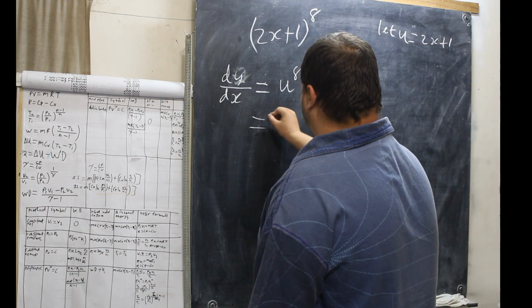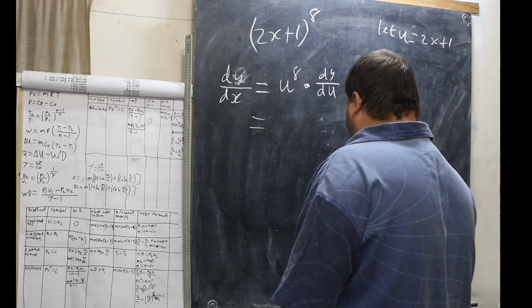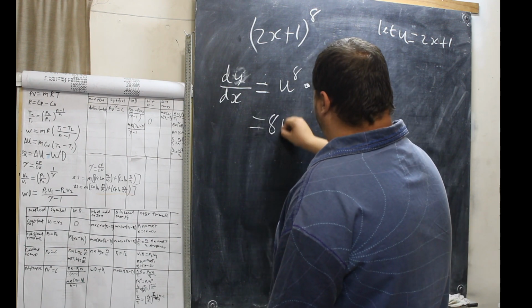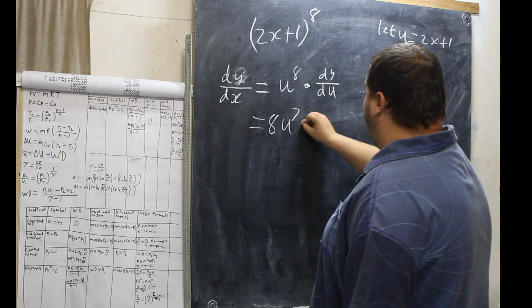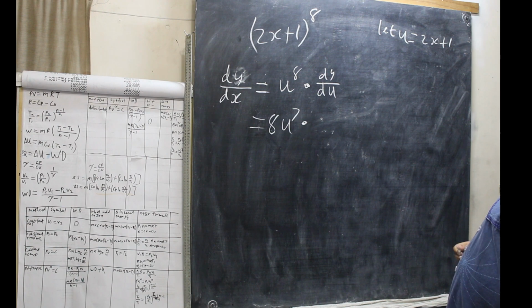So we have 8u to the power 7 multiplied by, now that is just 2x plus 1.